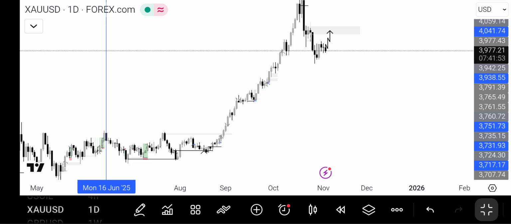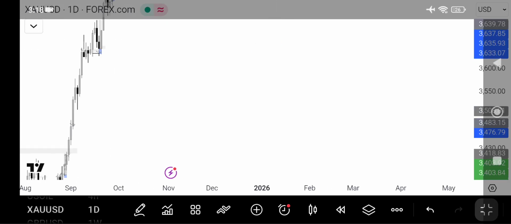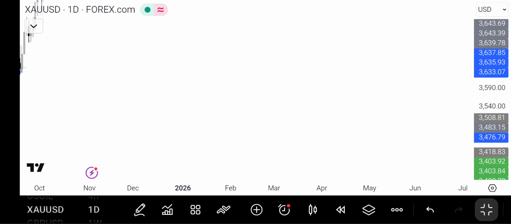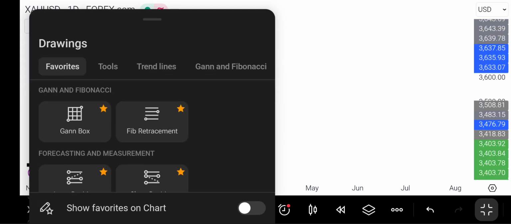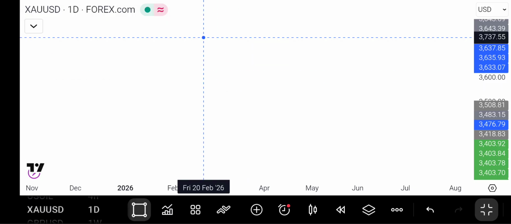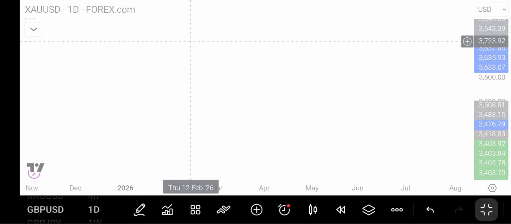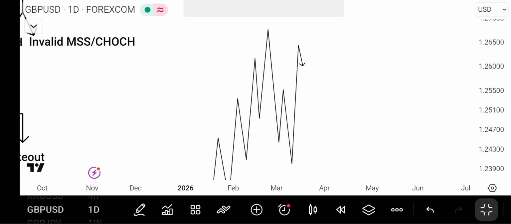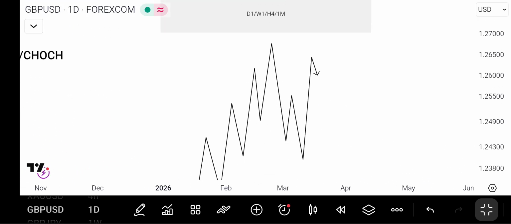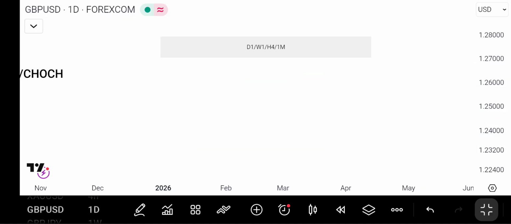Like on XAU USD, this is what happens. Let me give an example before we go into the charts. So on gold, this is what happens.